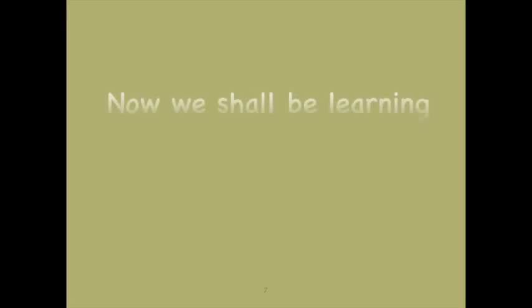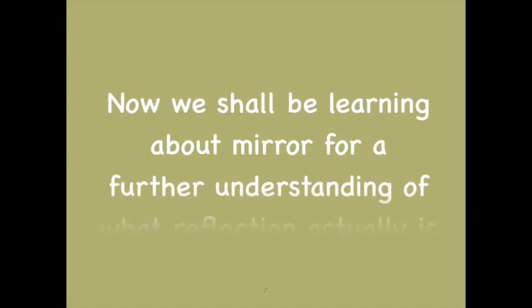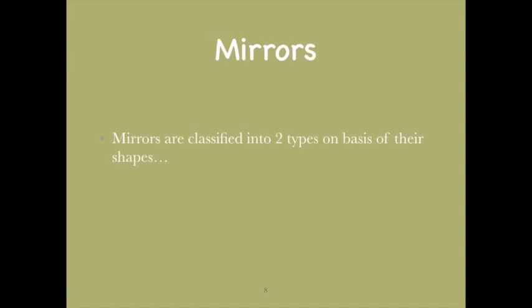Now we shall be learning about mirrors for a further understanding of what reflection actually is. Okay? So let's learn about mirrors. Mirrors are classified into two types depending on the shape.